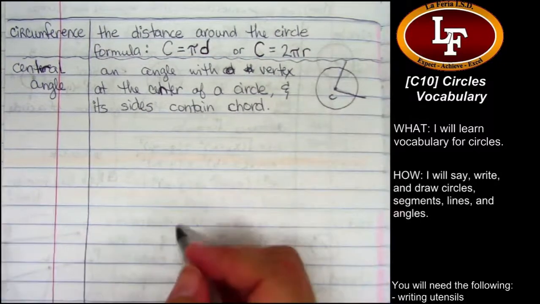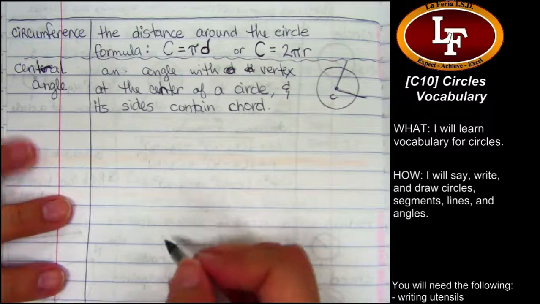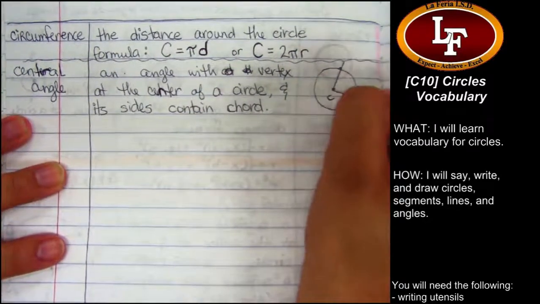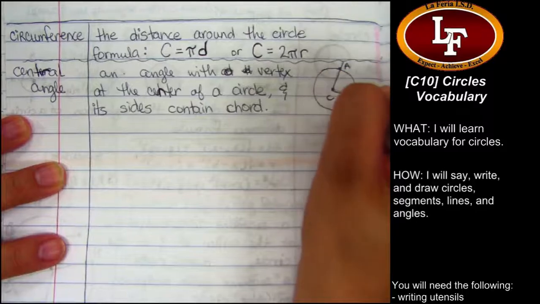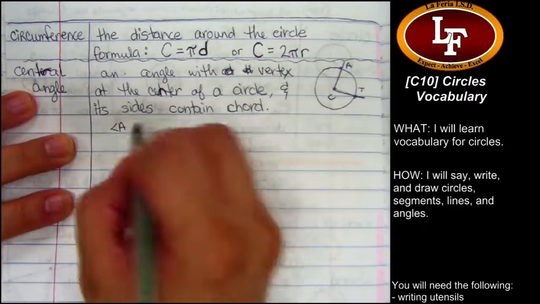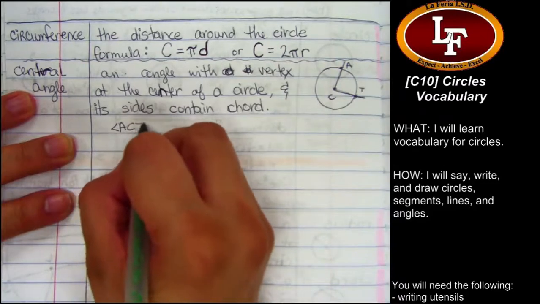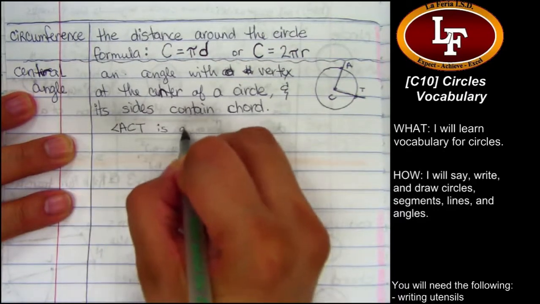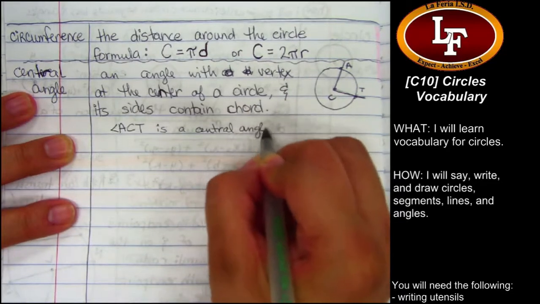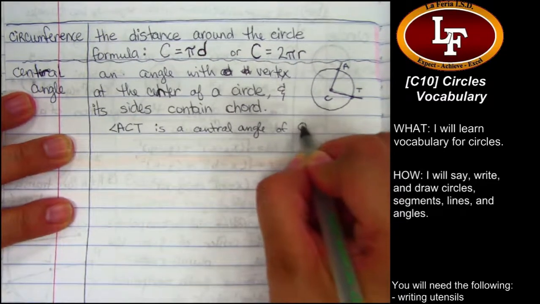We can talk about how to find the measure of that, but we'll do that later. I'd like to first use this word in a sentence for you. So in this diagram, angle ACT is a central angle of circle C.